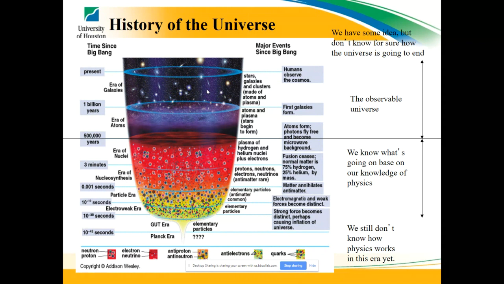And you go all the way back to 500,000 years after the universe began, and you can't see anything. That's because everything was so opaque that you can't see before that. This is actually where the cosmic microwave background radiation comes from.